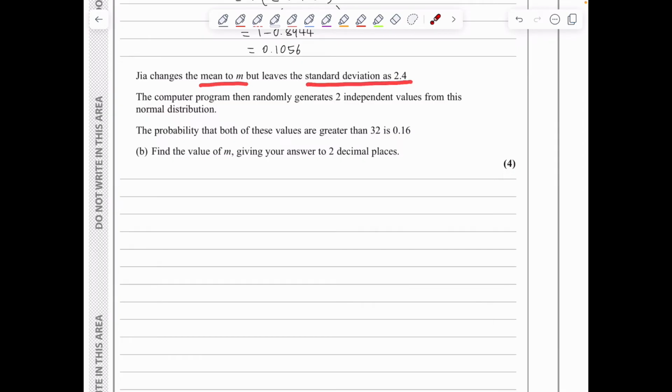We then have that the mean has been changed to m, however the standard deviation remains as 2.4, and we've got 2 randomly generated independent values from this distribution, and the probability that both of these are greater than 32 is 0.16, and we need to find the value of m to 2 decimal places.